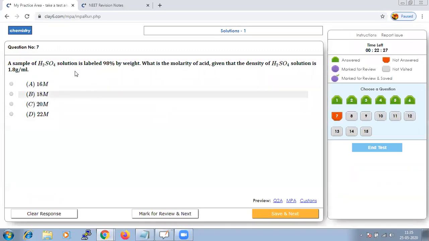A sample of H2SO4 solution is labeled 98% by weight, and we have to calculate the molarity of the acid, given the density of the H2SO4 solution is 1.8.